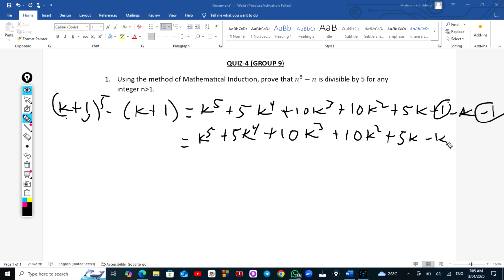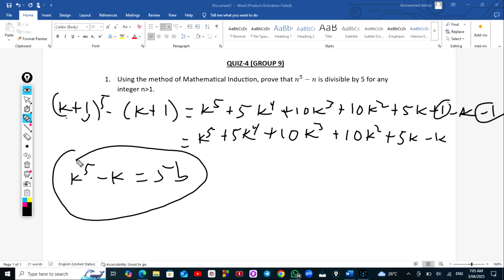From our induction hypothesis, we have that k to the power 5 minus k is equal to some 5 multiplying b. I believe you can still remember this. Here we can make k to the power 5 the subject to be what? 5b plus k if we bring k to the other side.